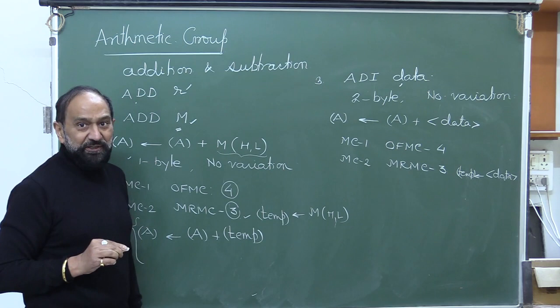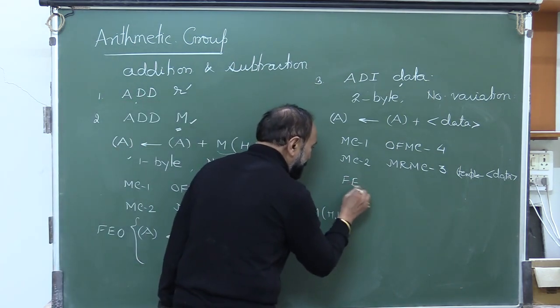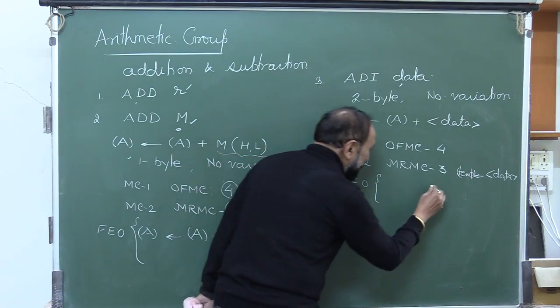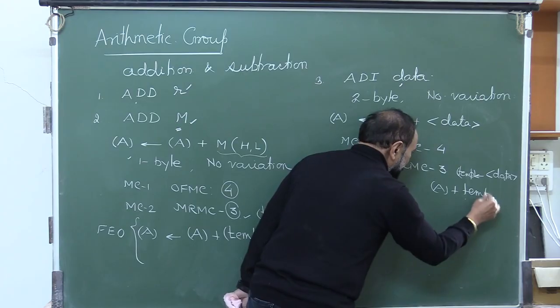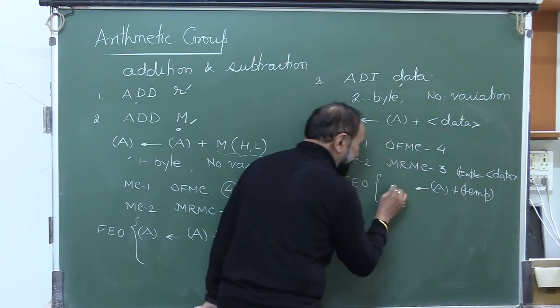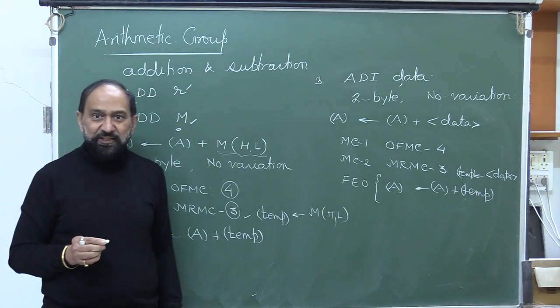So second operand is now in temporary. During fetch execute overlap, accumulator plus temporary, this operation takes place and the result is stored in accumulator.